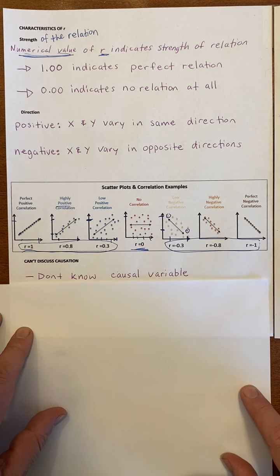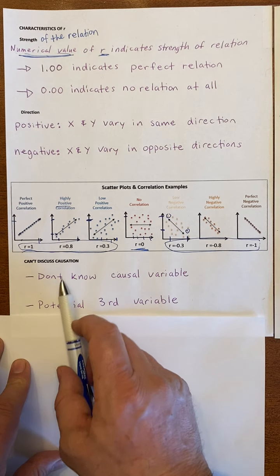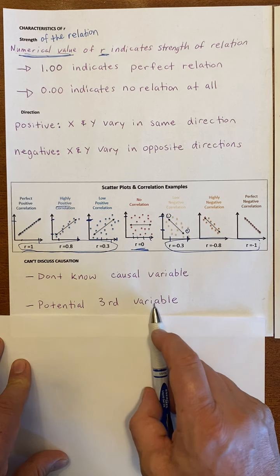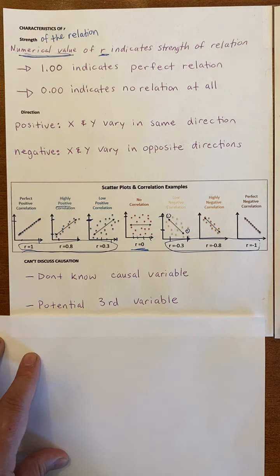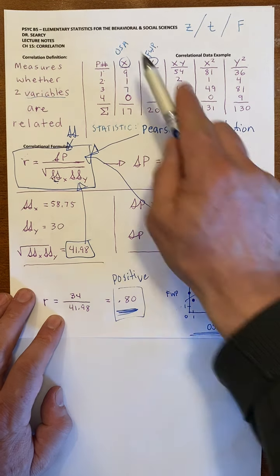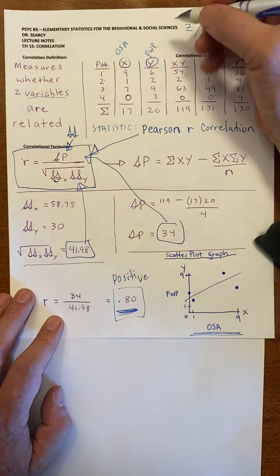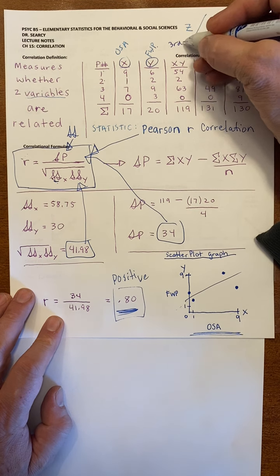But then there's a second reason why we can't talk about causation. And that second reason is that there could be a potential third variable that you, the researcher, are not aware of. Right? Maybe it's the case that here we have two variables. There's actually a third variable that's influencing both of these. What could that third variable be?